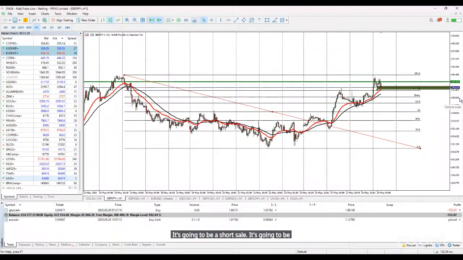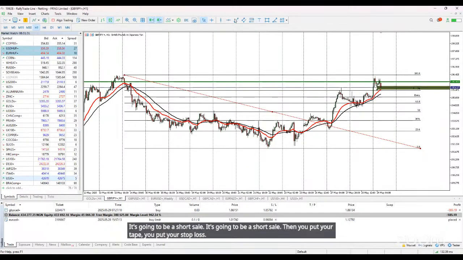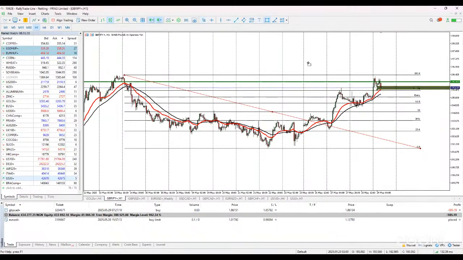Then you put your stop loss around this region.